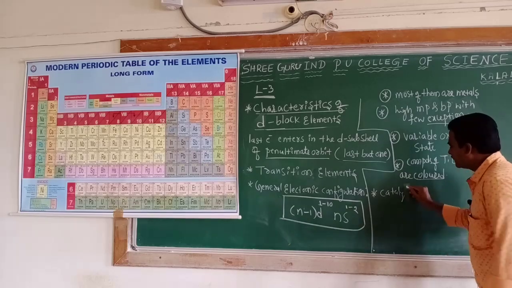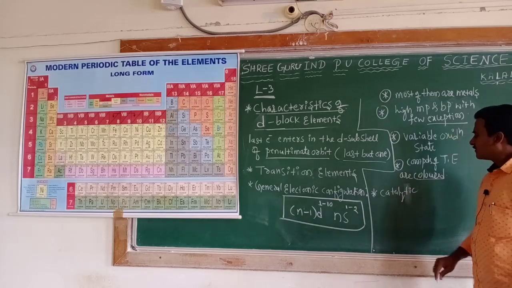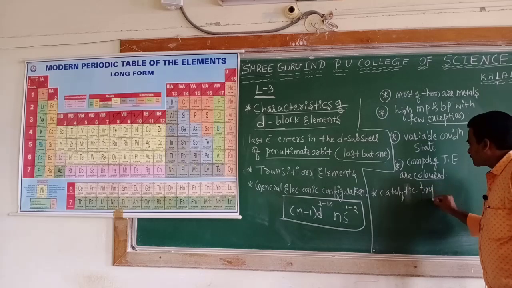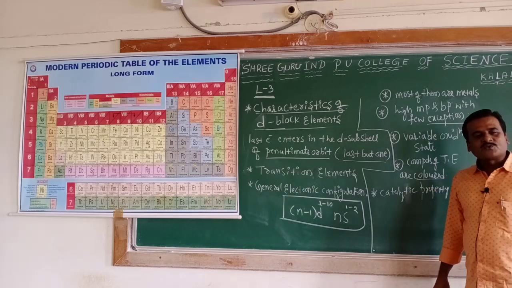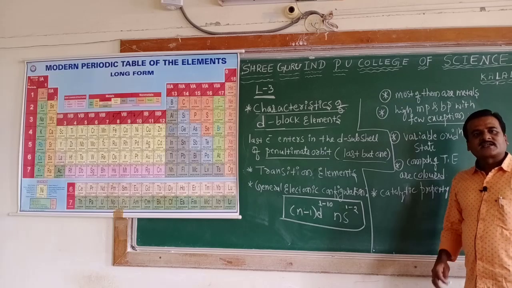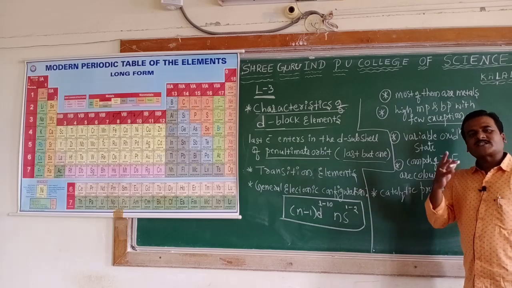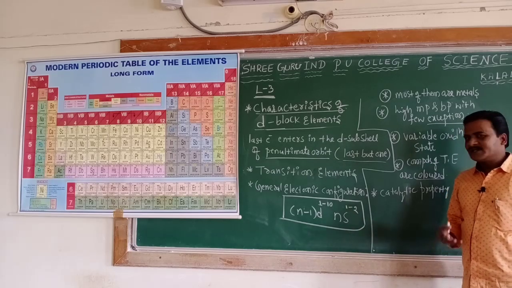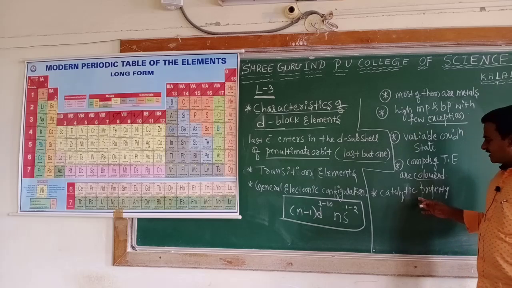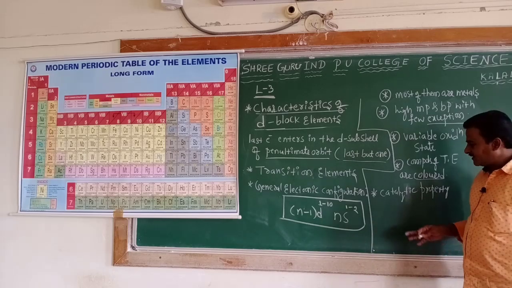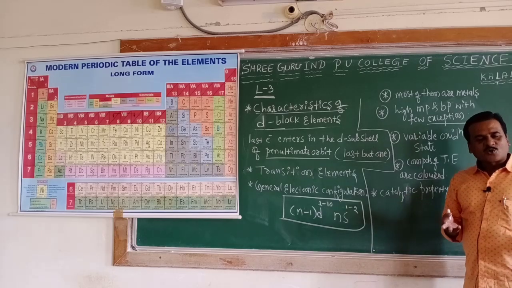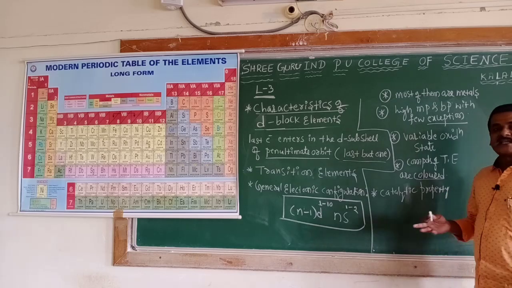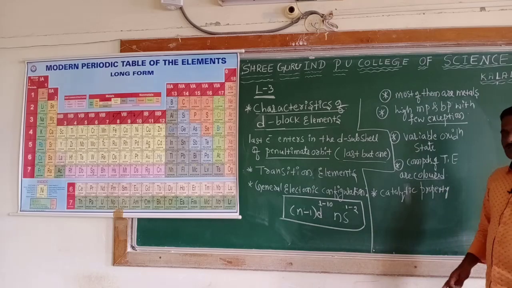They show catalytic property, and can be used as catalysts in industrial processes, such as iron, molybdenum, chromium, nickel, etc. Iron in the Haber process, nickel in the hydrogenation of oils, vanadium in the contact process.